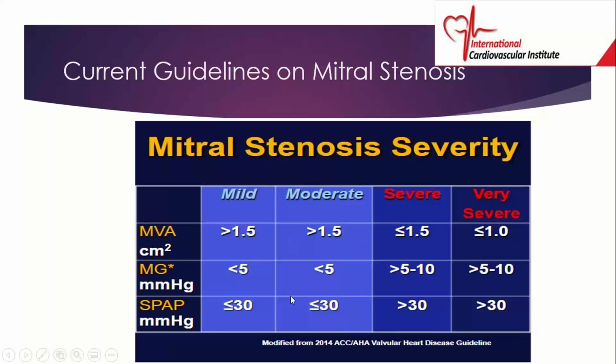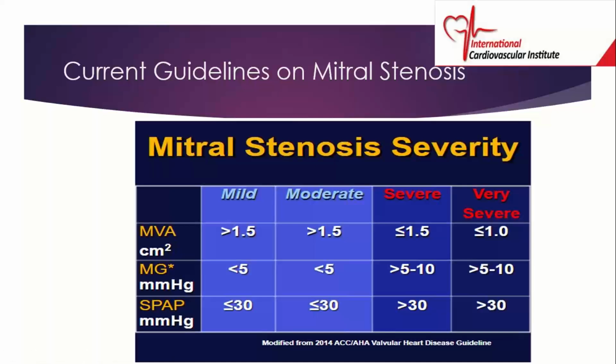Mild and moderate, if you see, they look like they have the same numbers, but what they have further done is reclassify all valvular lesions, and they talk about symptoms. So symptoms is big. We talk about patients at risk, patients with structural disease, patients with severe numbers like this, just a numbers thing, and then patients who are symptomatic.